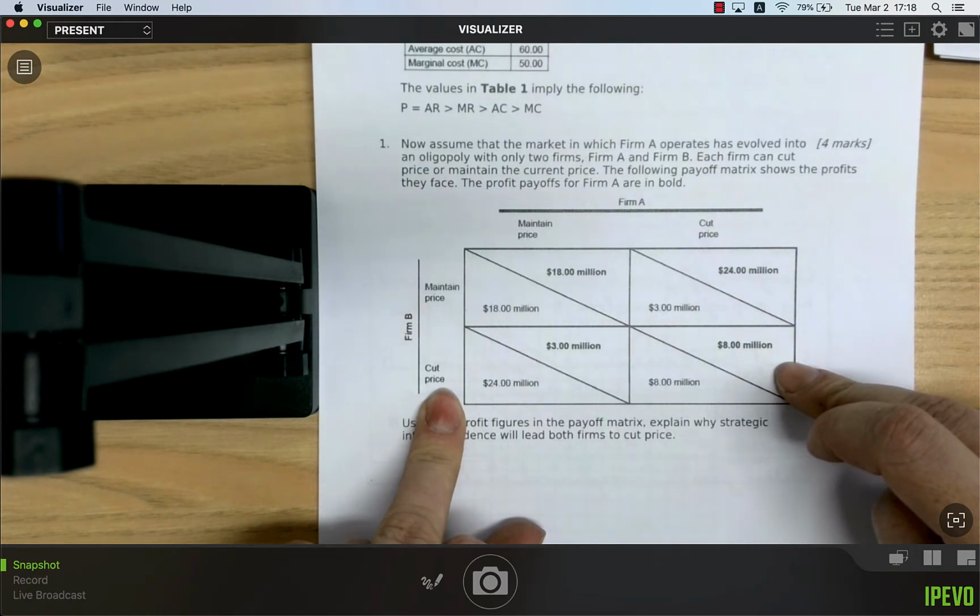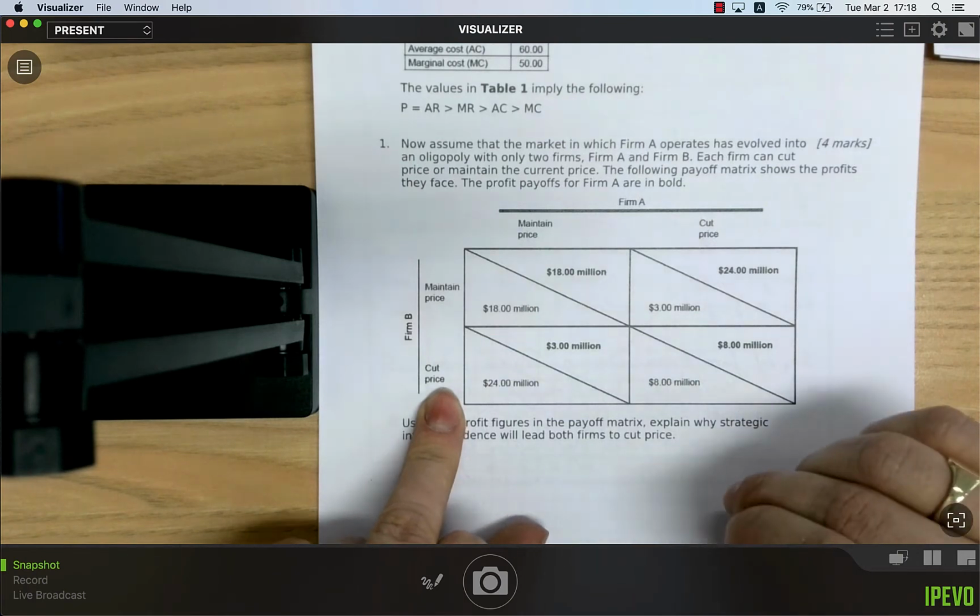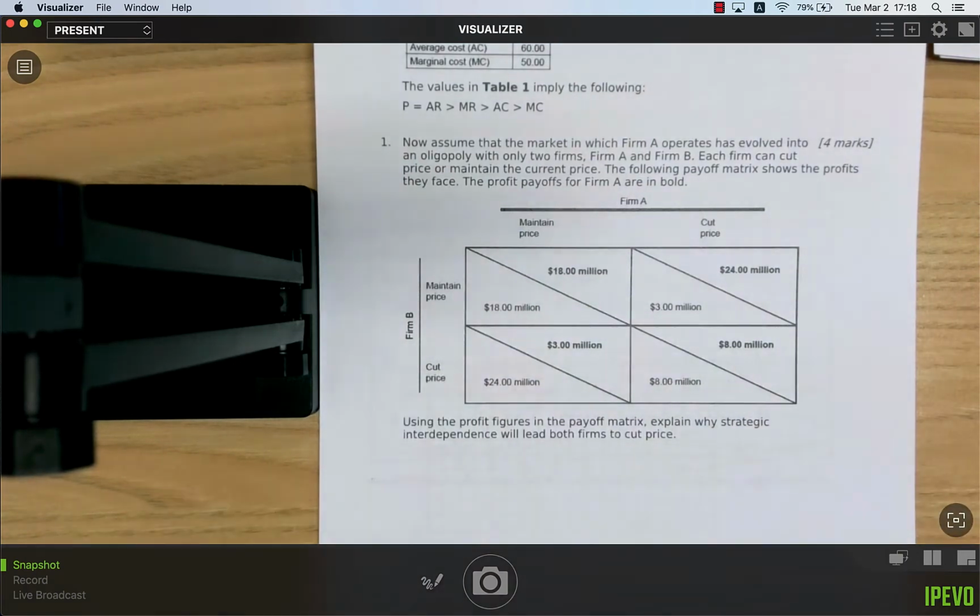So no matter what firm B does, firm A is going to be richer, earn more money, be better off financially if it reduces its price, irrespective of what firm B does. So it's what we call a dominant strategy, that irrespective of firm B's actions, firm A is always better off if they cut their price, if they reduce their price.